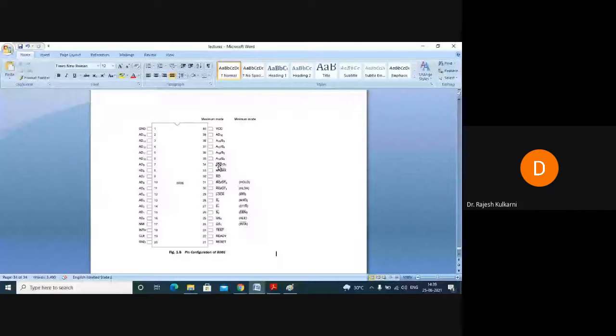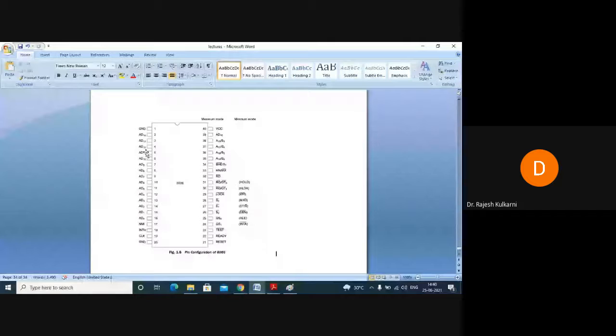Status information will be available in the clock cycle from T2, T3, TW, and T4, while T1 will be for the address lines. Just as I mentioned for address and data lines, the same thing will be there.